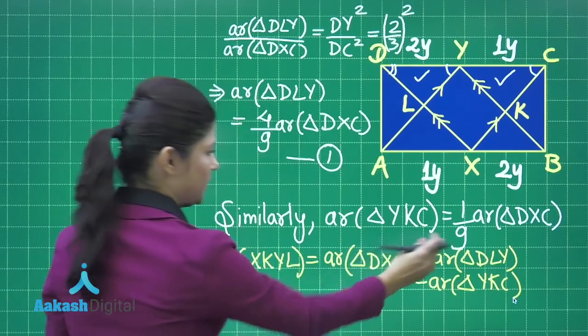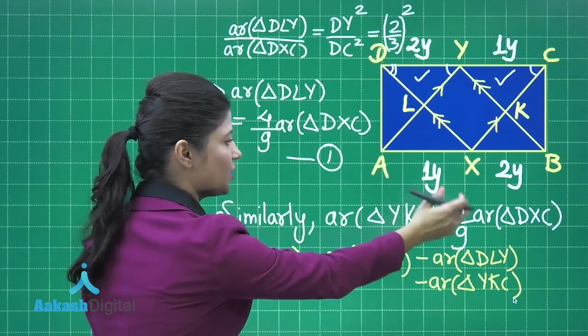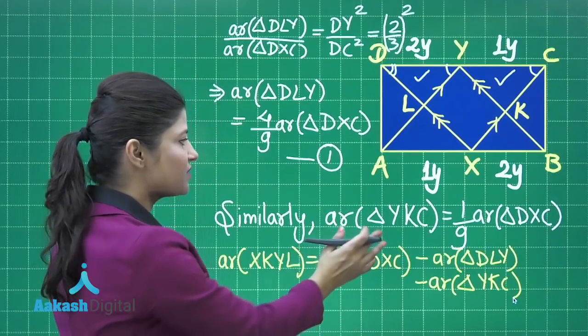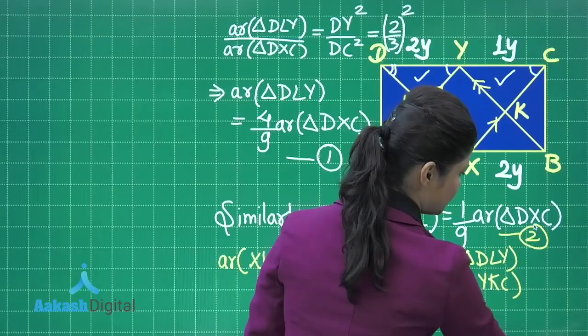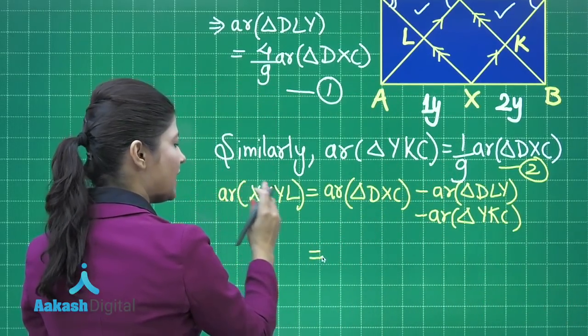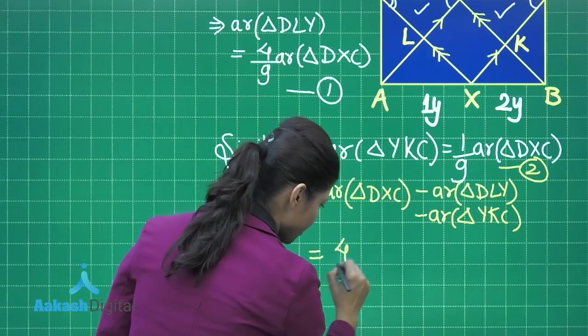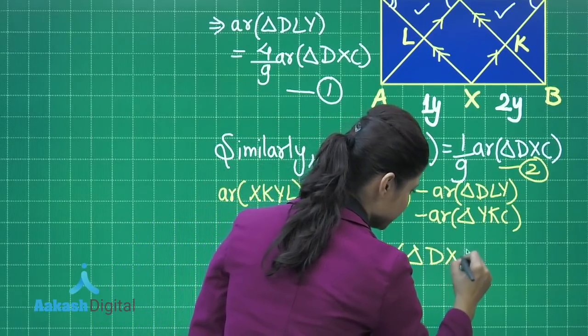So you can see this triangle is 4 upon 9 times area of DXC, this triangle is 1 upon 9 times area of DXC. When you substitute that here, if this is equation 1 and 2, on substituting 1 and 2, you will obtain here that area of XKYL is 4 upon 9 times area of triangle DXC.